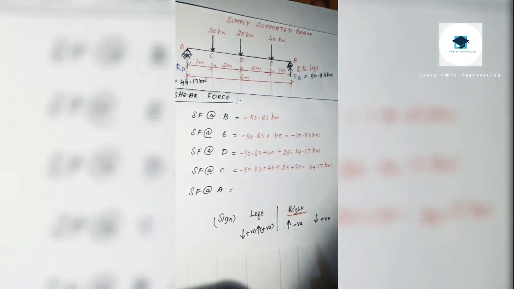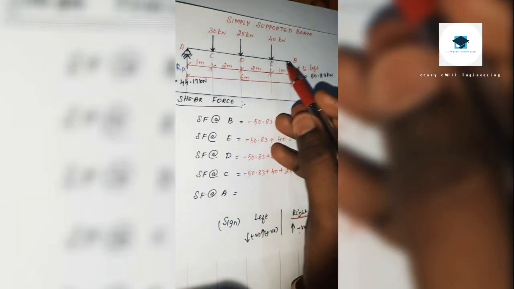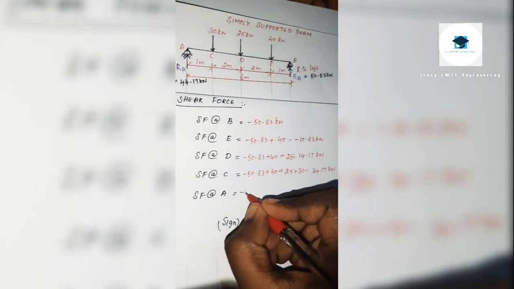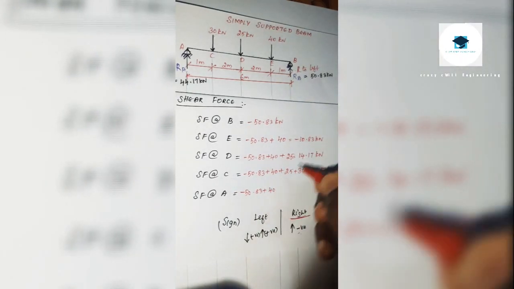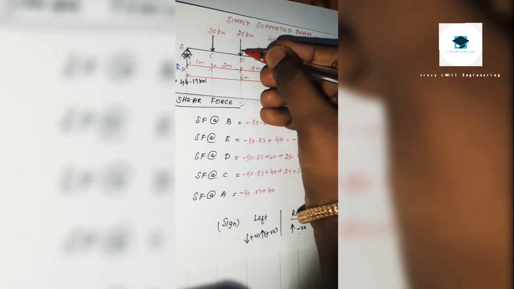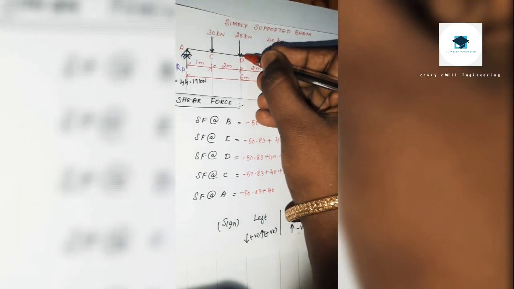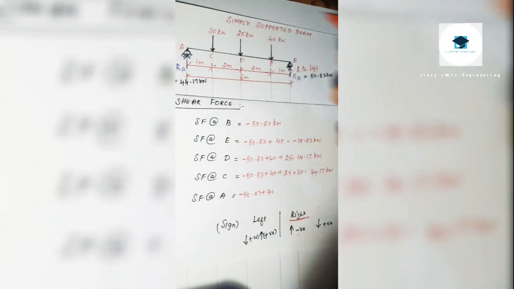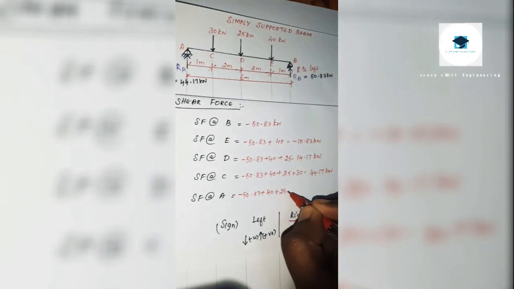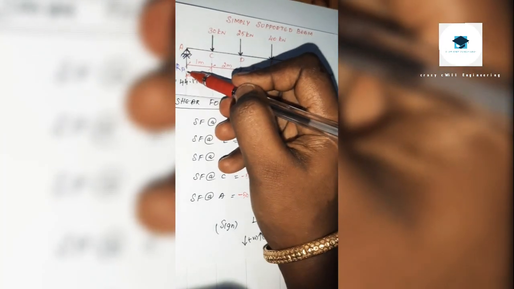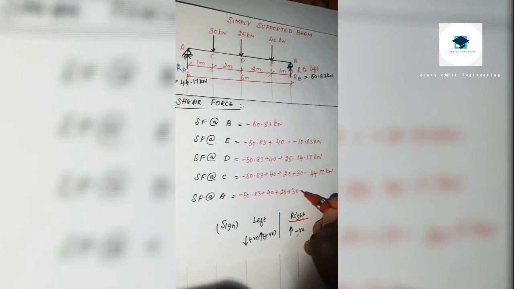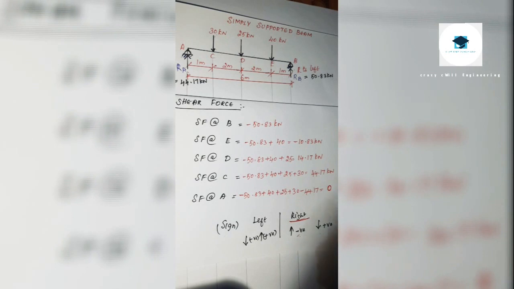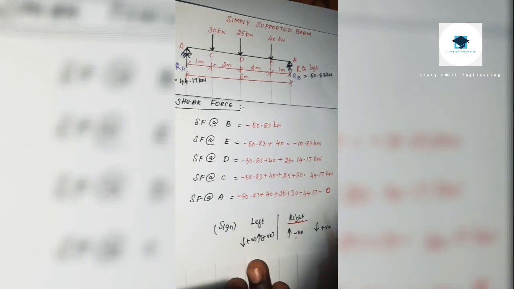At A, also consider minus 50.83 acting upward, plus 40 acting downward so positive, 25 also acting downward so positive, 30 kilonewton also acting downwards so positive. 25 plus 30, here RA is acting upward, upward means negative sign, so put negative. 44.17 equals 0.